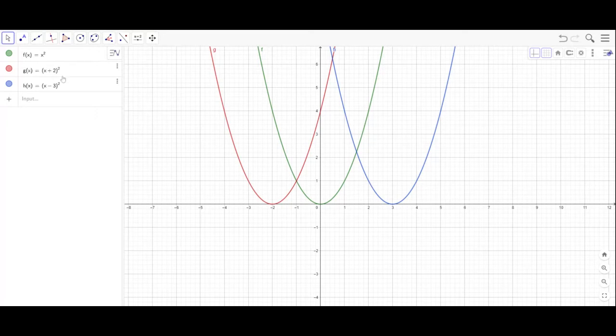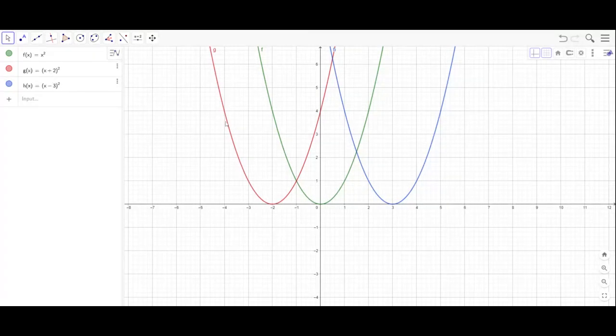So again, with the horizontal, subtraction goes right, addition goes left. With the vertical, addition goes up, subtraction goes down. Now, think about it. Positive goes up, negative goes down with the vertical. The horizontal is going to do the opposite of what you think it should do. So the negative is going to go right and the positive is going to go left.